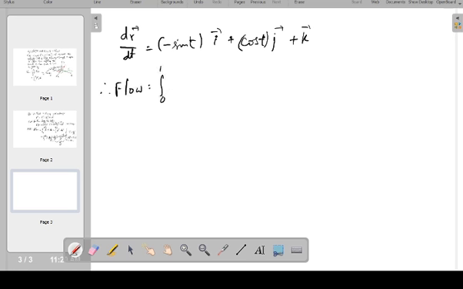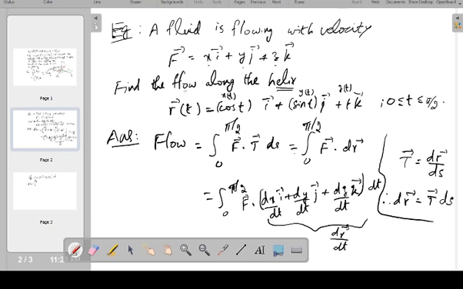Integral 0 to pi by 2 f along the helix. What is f? F is xi plus yj plus zk. So f along the helix is, instead of x I have to use x of t, which is cos t.